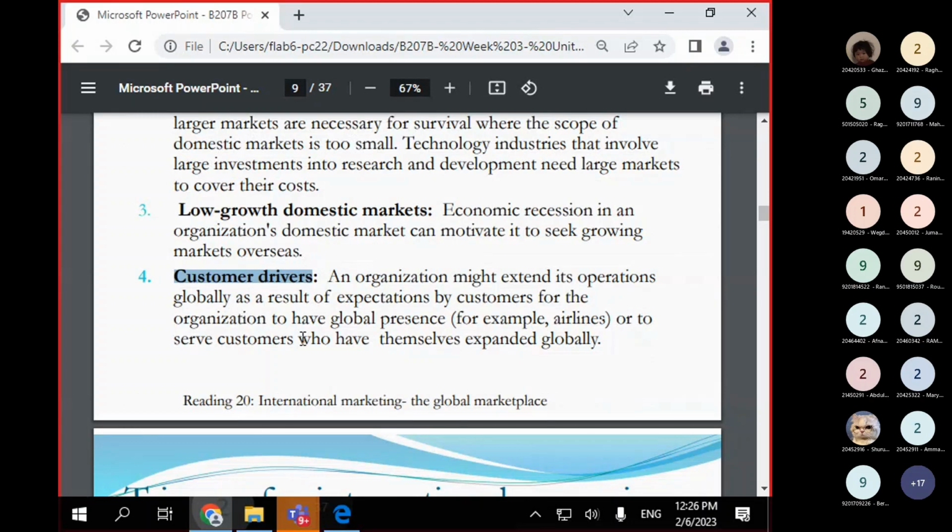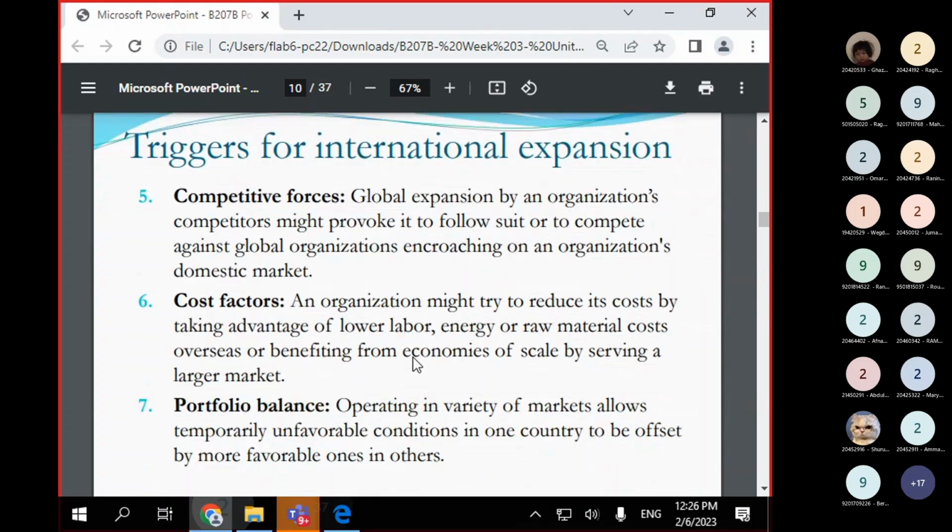This is what customer drivers is, because you know there is a demand for your product in this other country, so you go sell your products over there.